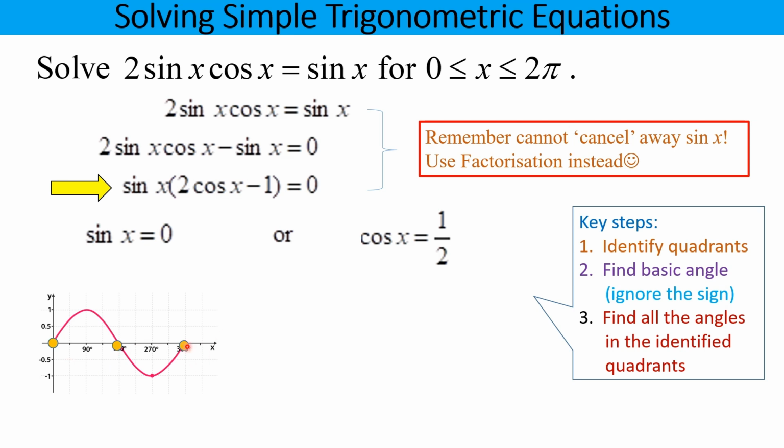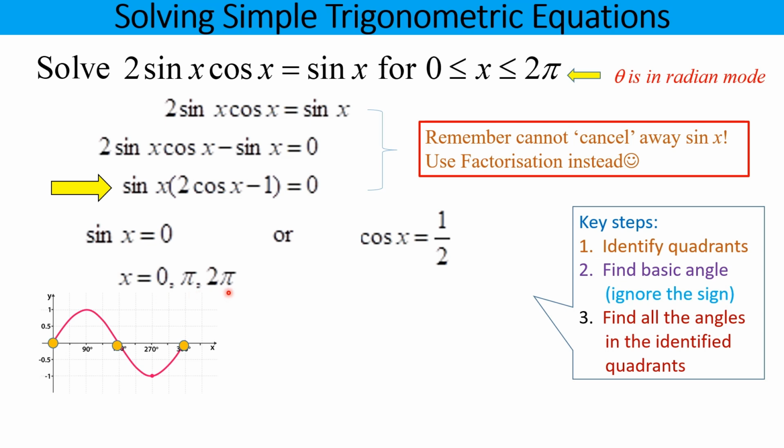Yeah, so with this, do take note, theta is in radian mode, right? Because it's given from 0 to 2 pi. So therefore, you should not leave the answer in degree mode. So by writing in terms of radian mode, you know that the angle x will be equal to 0, pi, and 2 pi. So the first set of the answers is done for sine x equals to 0.